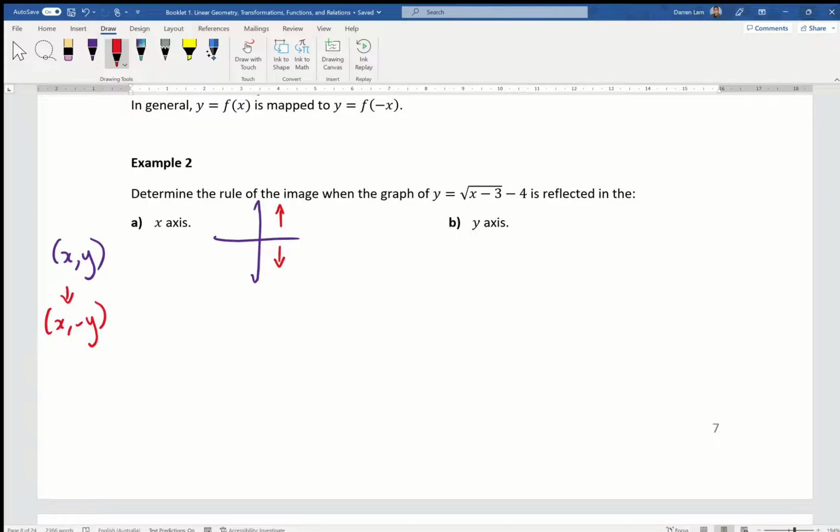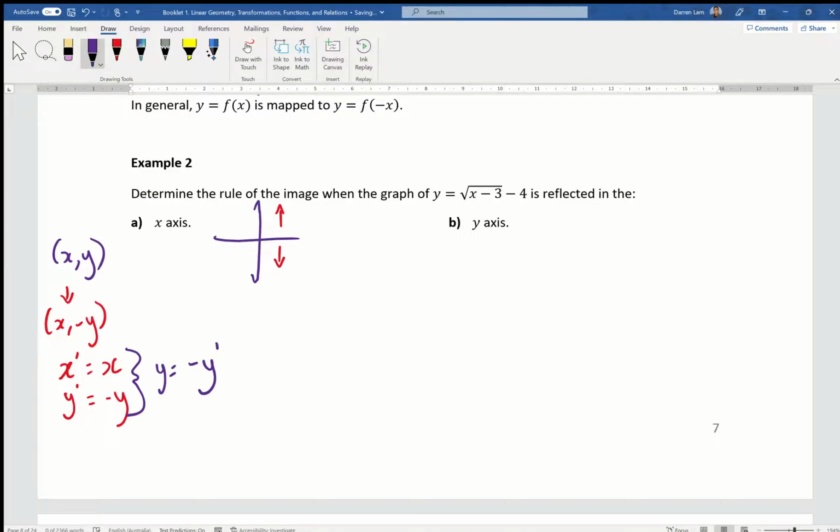So then we write x dash equals x and y dash equals negative y. I'm just writing the transformed x is x, transformed y is negative y. I then go ahead and rearrange them. I'm not even going to bother writing the x one, but I'm going to write y equals negative y dash.